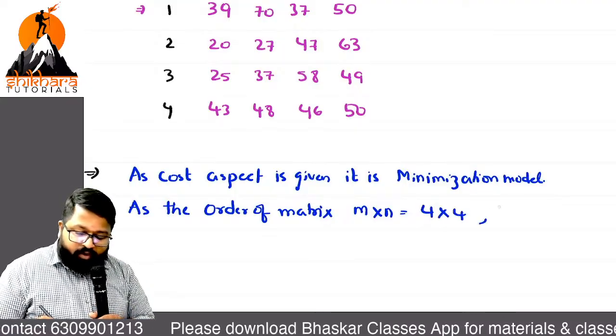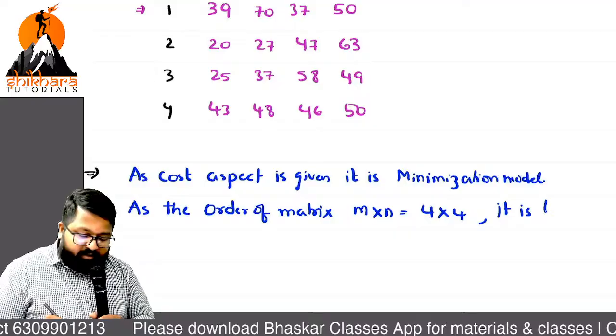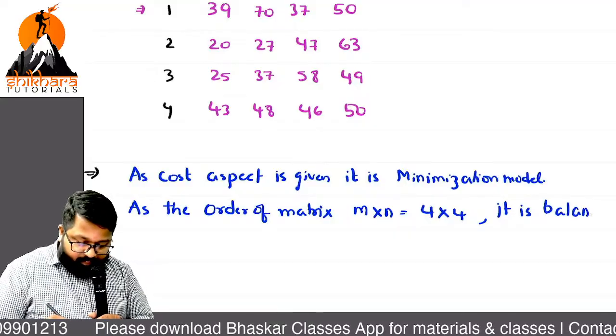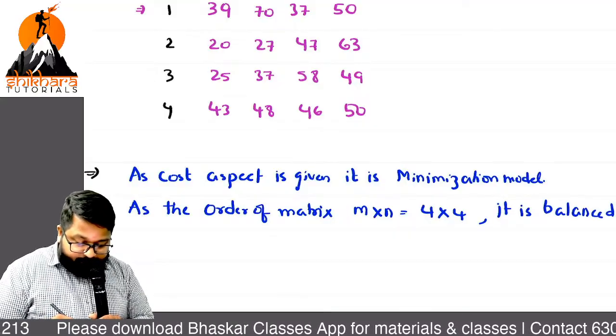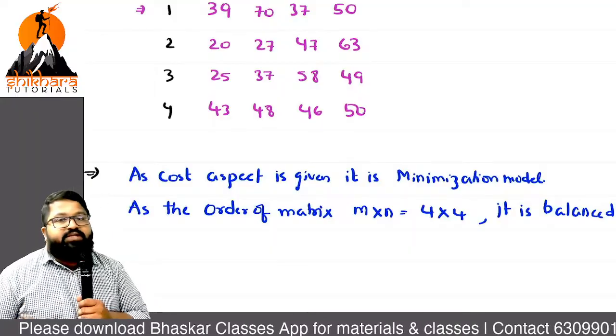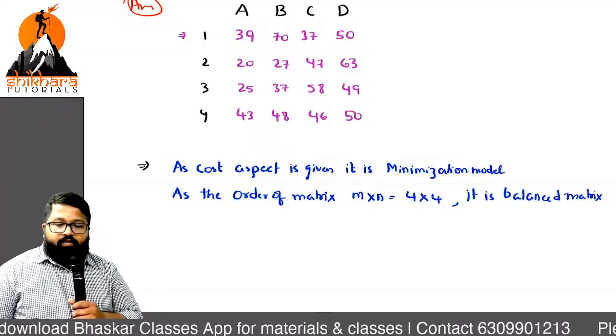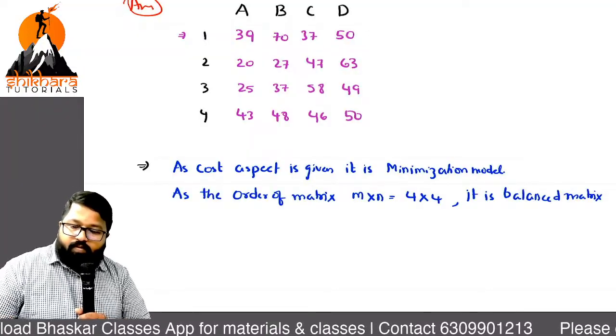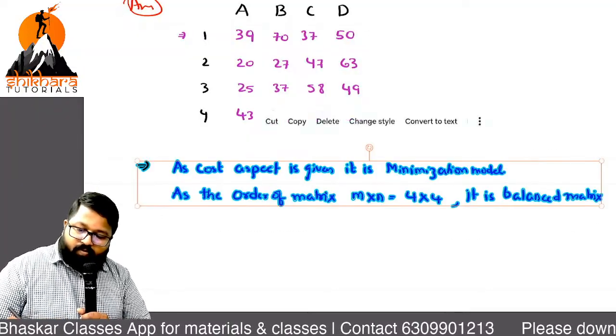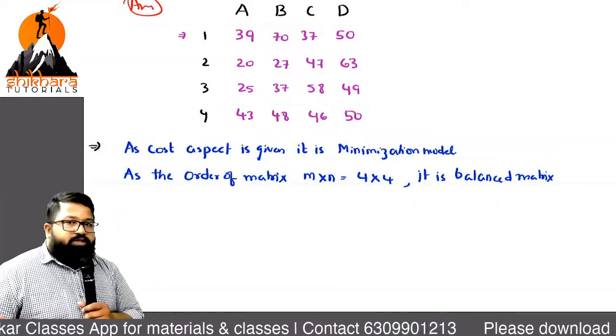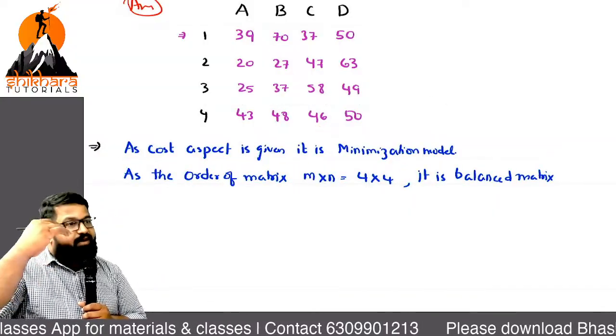So it is what, ma? Balanced matrix. This sentence is most important. So once this sentence is done, you can start the steps.